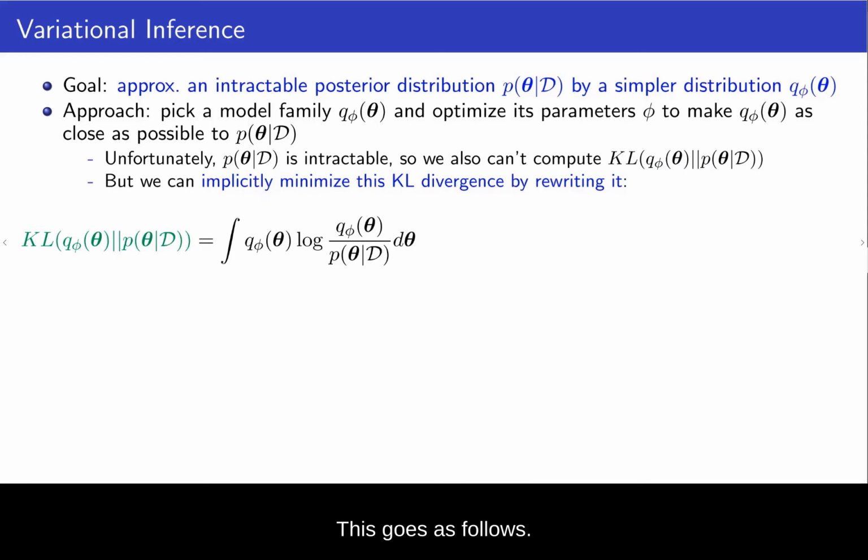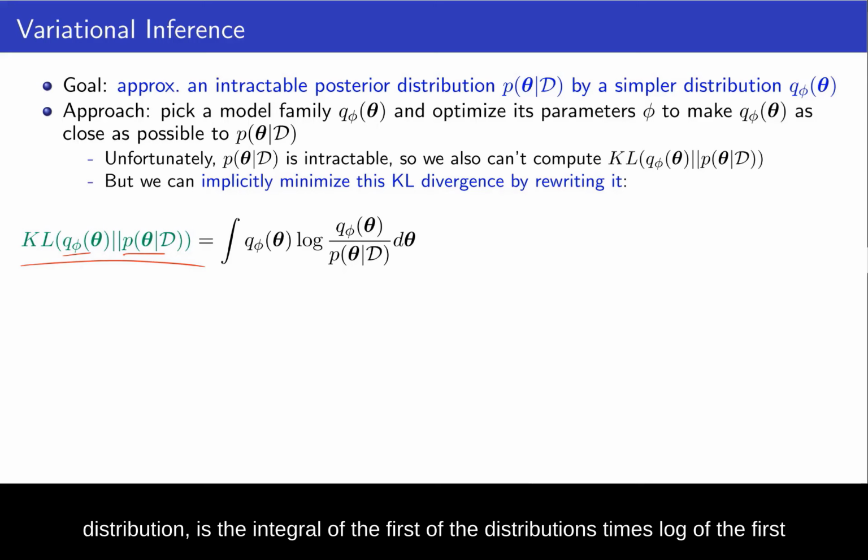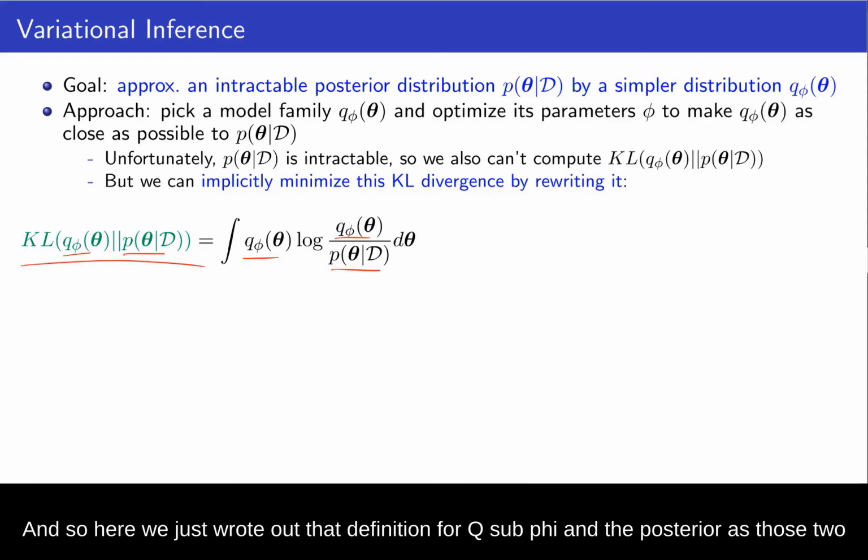This goes as follows. The KL divergence between two distributions, here this Q distribution and this posterior distribution, is the integral of the first of the distributions times log of the first of the distributions divided by the second distribution. And so here we just wrote out that definition for Q sub phi and the posterior as those two distributions.